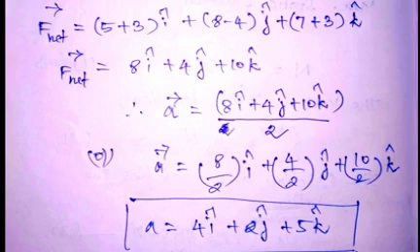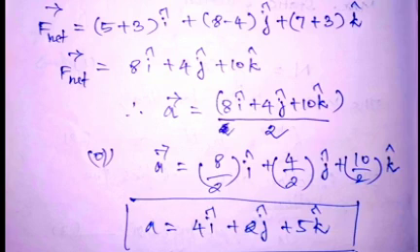So this method we already studied in the second lesson. Only the components will be added separately, the i component in both force values, the j component in both force values, and the k component in both force values, and finally we get the total force is equal to 8i cap plus 4j cap plus 10k cap.